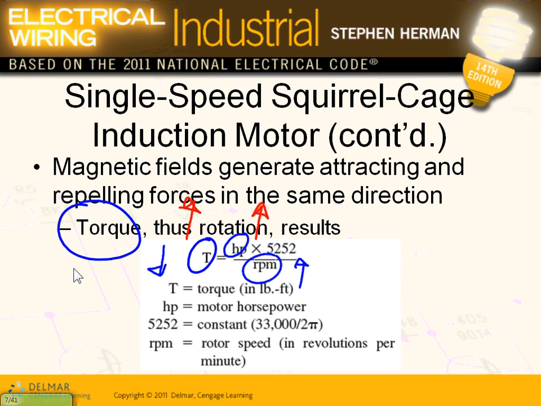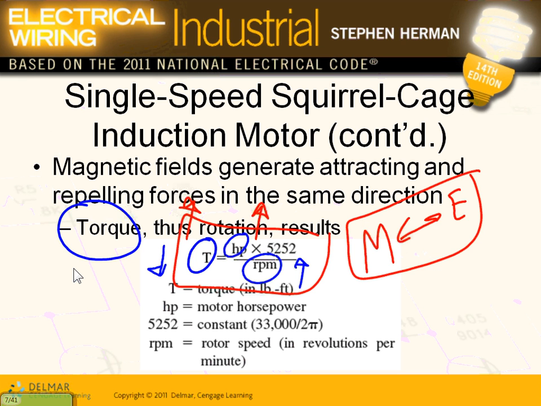So this is the link between mechanical engineering and electrical engineering. As an electrical engineer, you take your torque, how much torque you want to pull this process, and you size the horsepower to get that particular torque. So this formula is very, very important, guys, for designing machines.